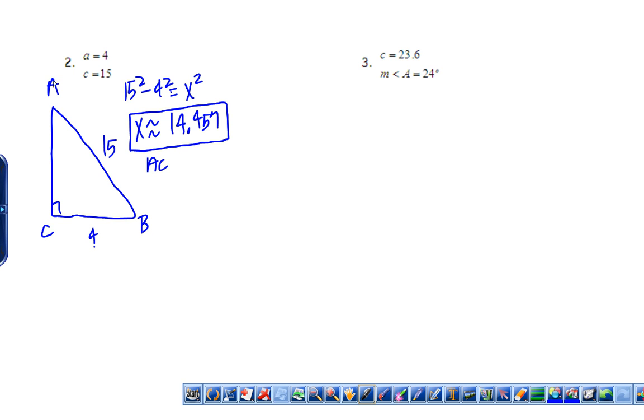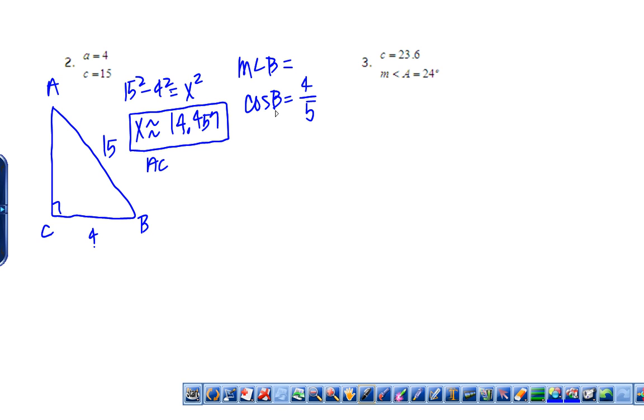All right, now in order to find A and B, we're going to be using our information from our previous lesson. So we're going to be using arcs. So it just depends on what we want to find next. How about we find the measure of angle B? Just because. So the measure of angle B, in order to find that, it looks like we have both the adjacent side and the hypotenuse, so it looks like we're going to be using cosine. So I'm going to say cosine of B is the adjacent over hypotenuse.